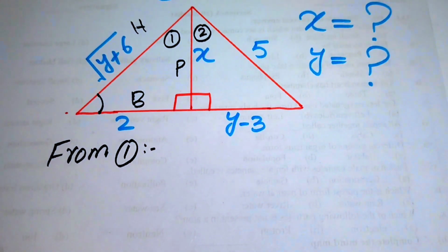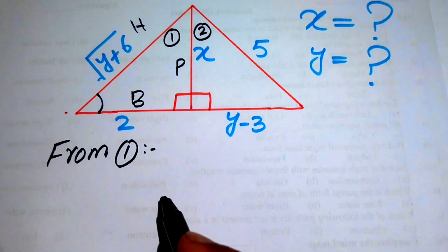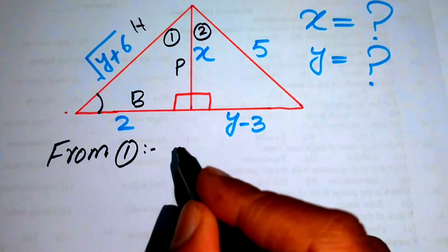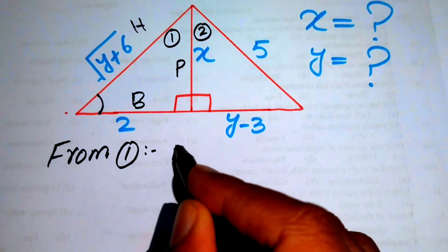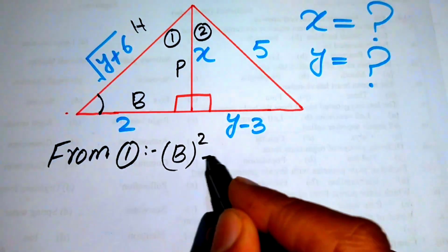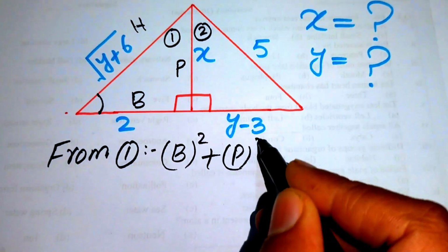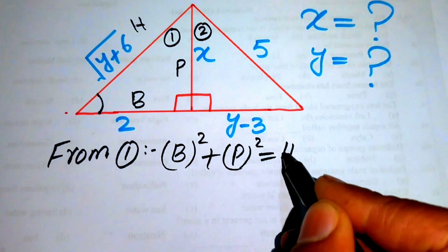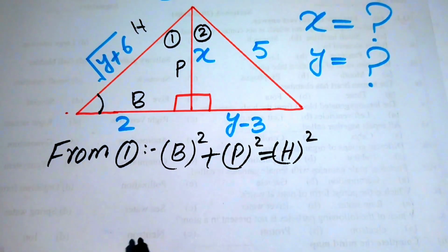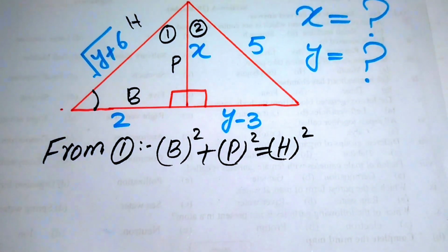Here we use the Pythagorean theorem. According to the Pythagorean theorem, base square plus perpendicular square equals hypotenuse square. So this is called the Pythagorean theorem.